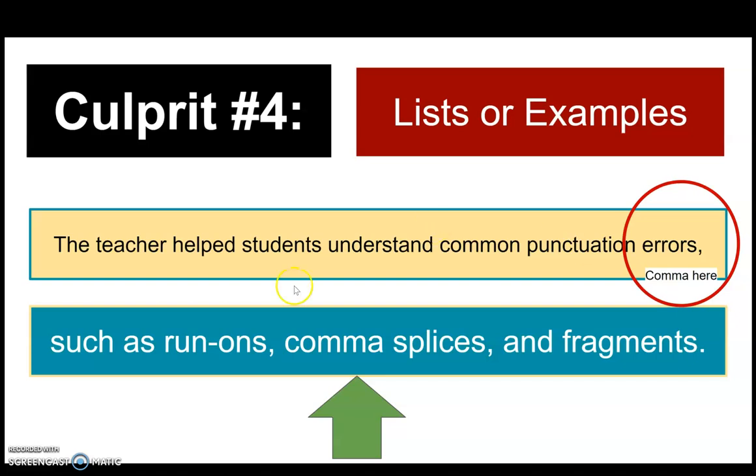So this list of examples needs to be connected with an independent clause. The teacher helps students understand common punctuation errors, comma, such as run-ons, comma splices, and fragments. Again, here we do need a comma.